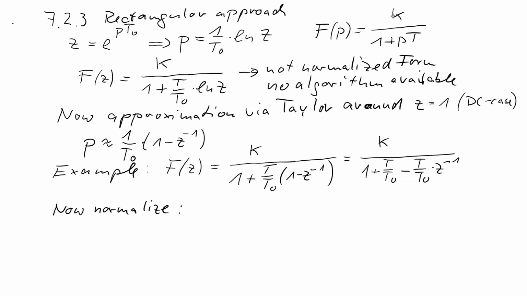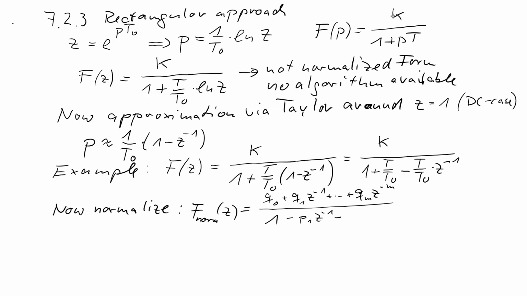Note that the normalized form of f of z, which can be easily converted into an algorithm, is written as q0 plus q1 z to the power of minus 1 plus and so on plus qn z to the power of minus m, and the normalized form here needs a 1 here, and then minus p1 z to the power of minus 1 minus and so on minus pm z to the power of minus n.